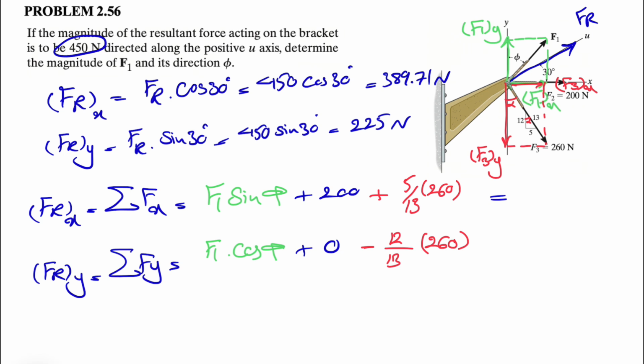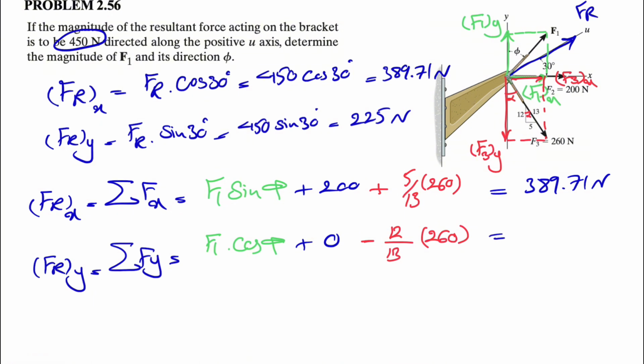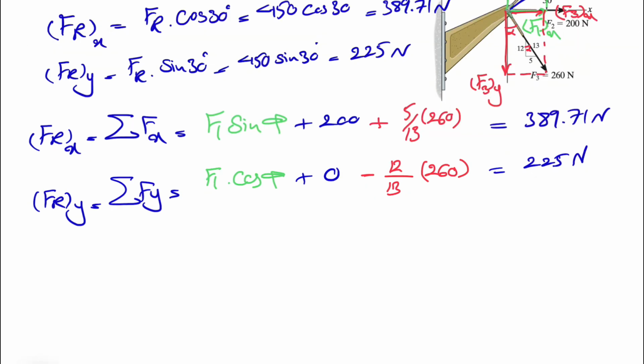The top part would be equal to Frx, which we found to be 389.71 in the previous step, and the sum of all forces in y would be equal to Fry, which is 225 newtons. So we can cancel out 13 and 260 here, and it's going to give us 20.